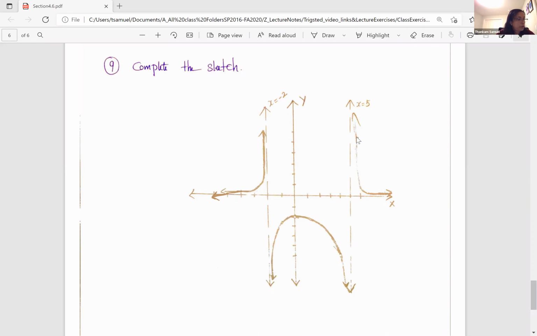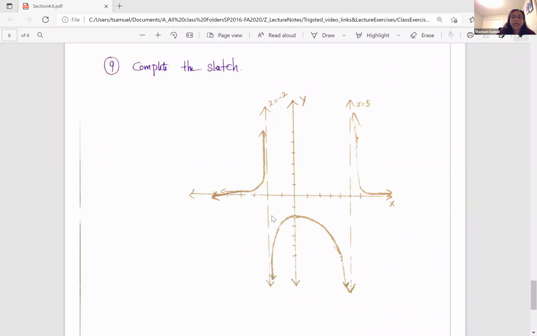So that is a point over there. So we can complete the last part of the graph by graphing this curve. So this is the graph of our rational function f of x equals 4x plus 20 divided by x squared minus 3x minus 10.